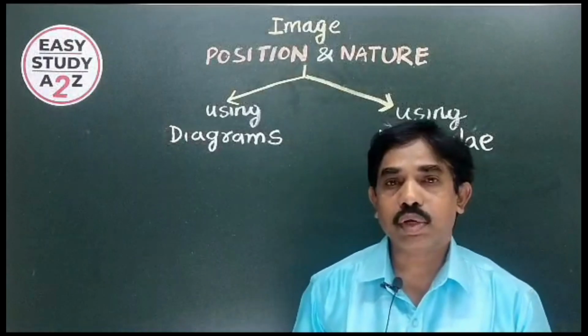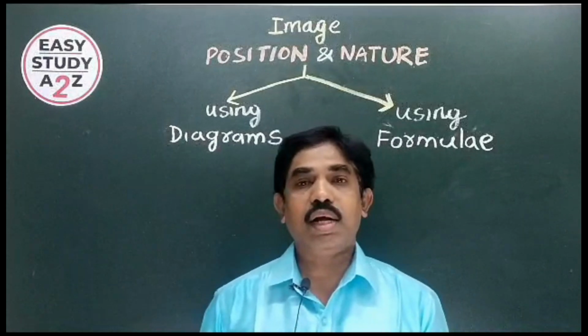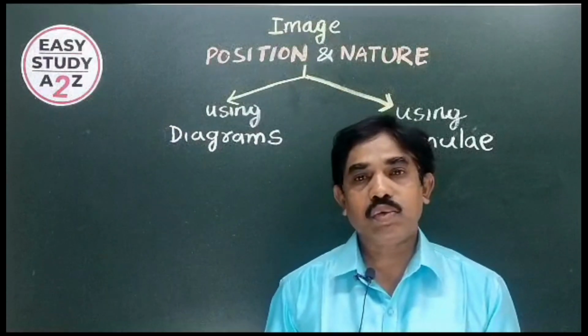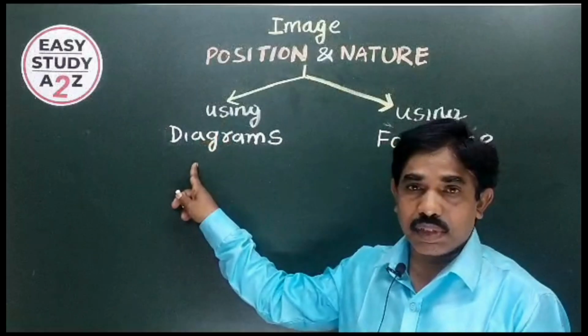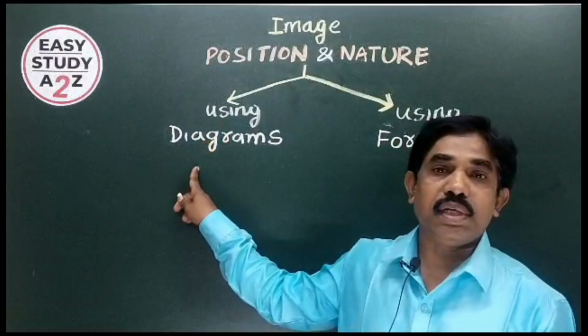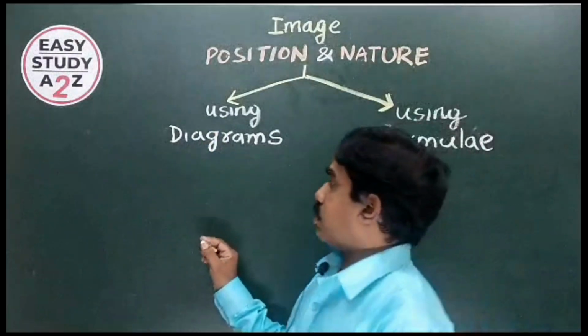We can study about image position and nature of the image by using two methods. The first method is using diagrams. Using diagrams means using ray diagrams.